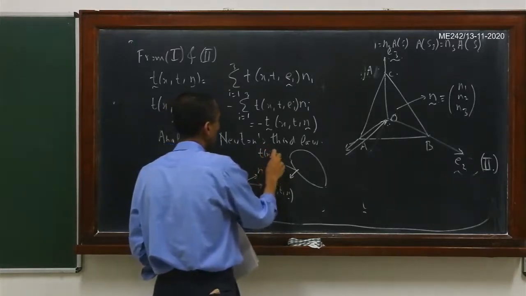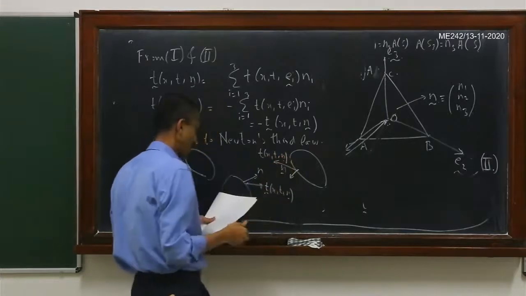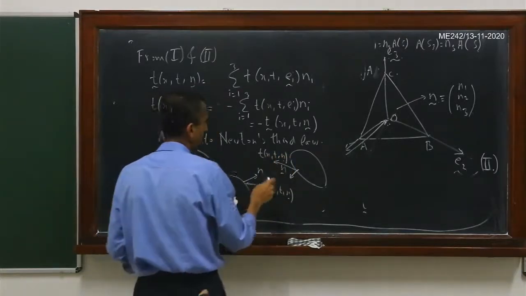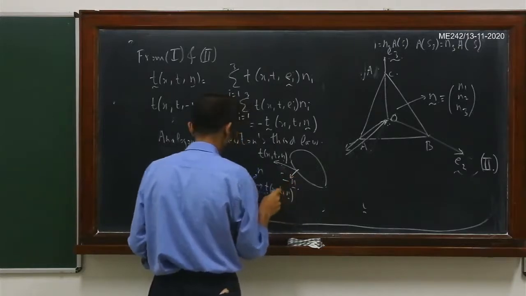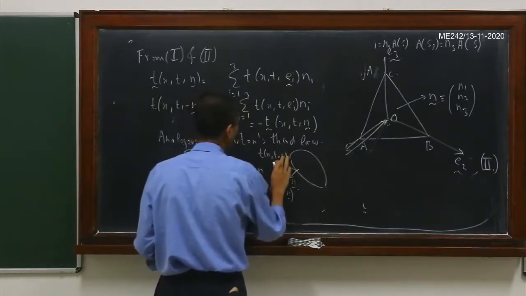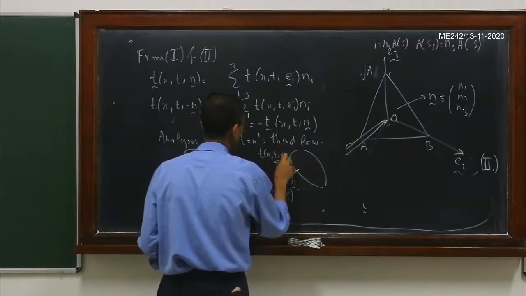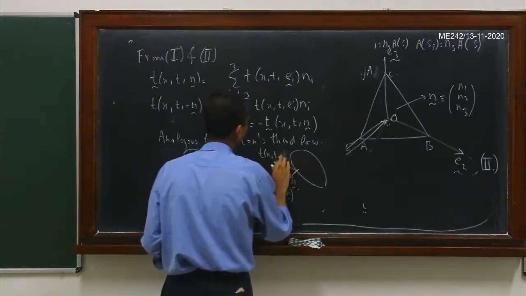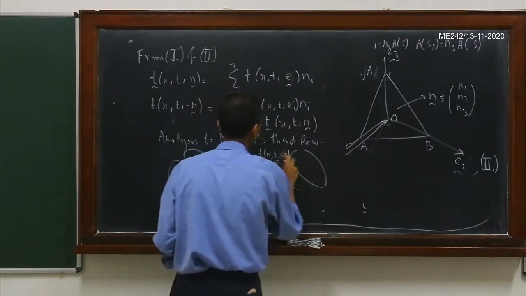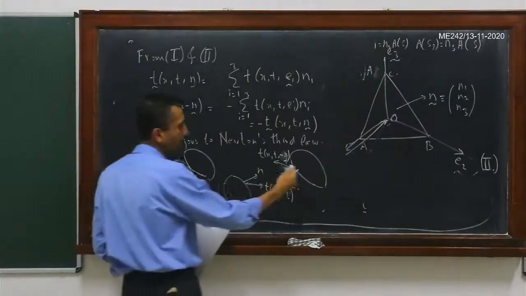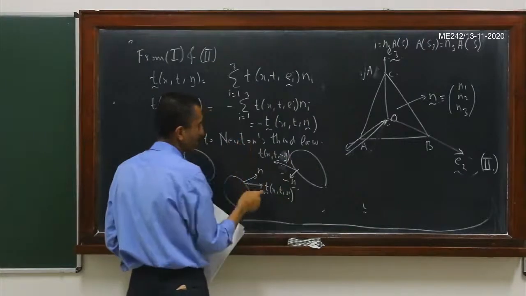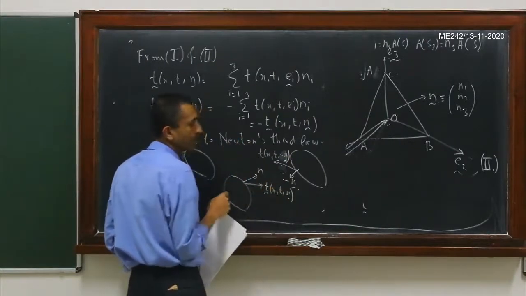So if you want, you can write this normal as minus n, and this would be t(x, t, minus n). This is the traction that is acting equal and opposite to the traction acting on this particular surface.